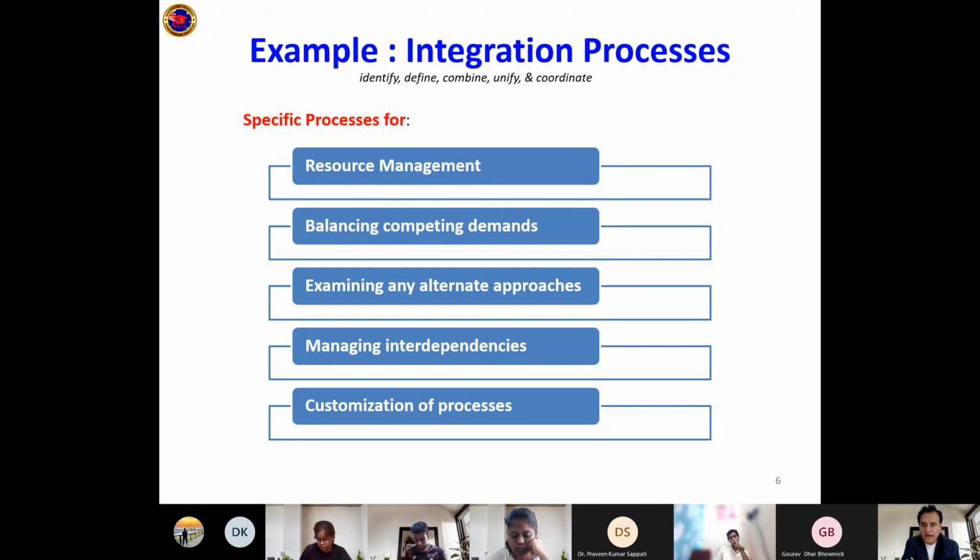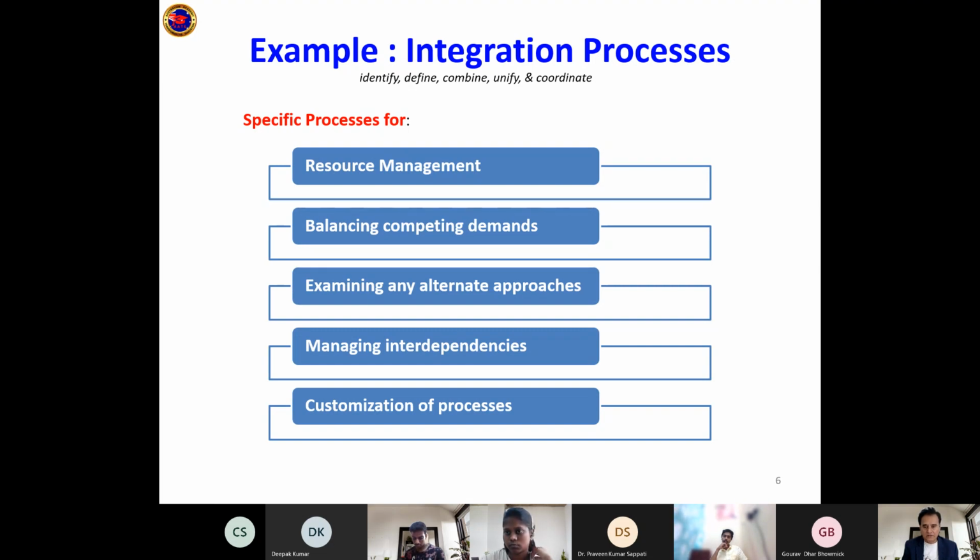Next one is examining any alternate approaches. So there are multiple paths or ways to handle the project. Sometimes the alternate route may be appropriate not today but tomorrow. For example, you started the project with a very nice timeline, but as you progressed, you found that you are running late.